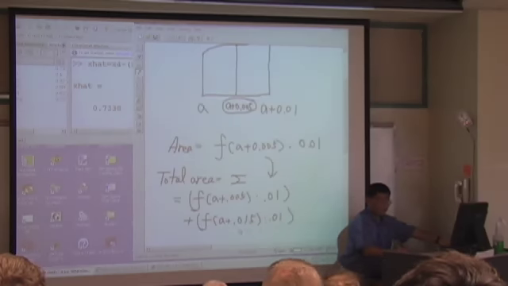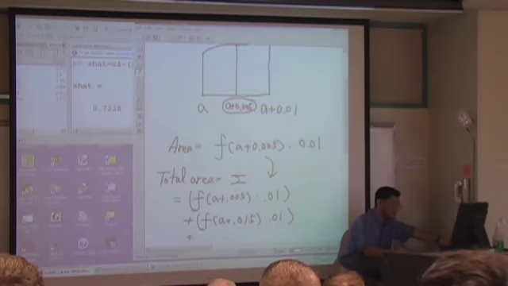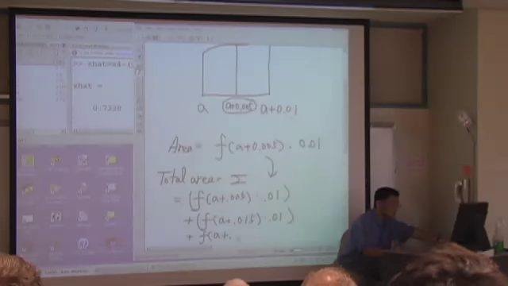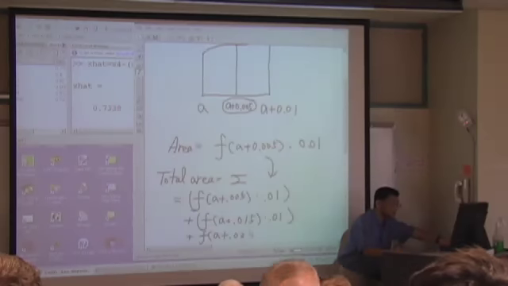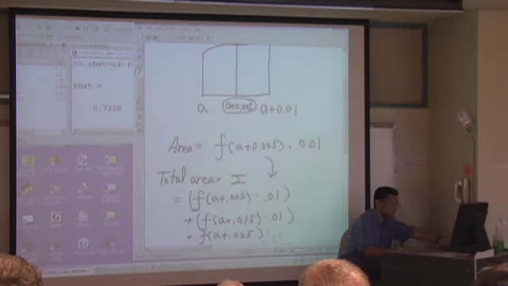Right, this is the second piece. And the third piece, f of a plus 0.025 multiplied by 0.01, and so on, right?